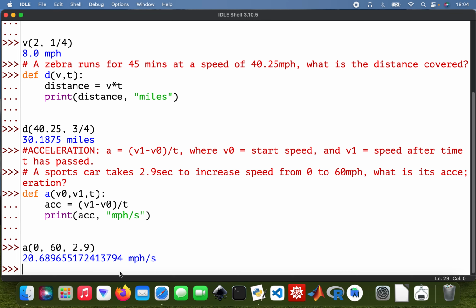So looking at other questions as well, I've got an acceleration equation. So let me type that.